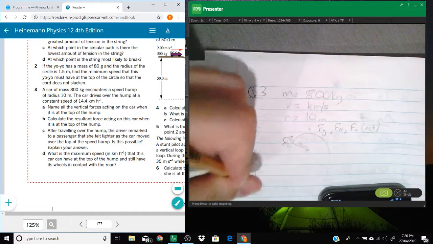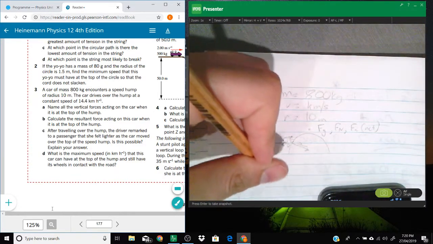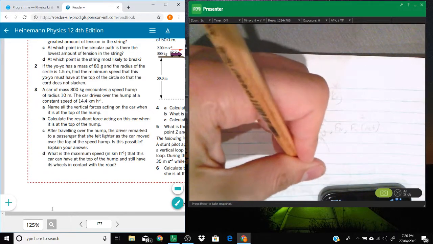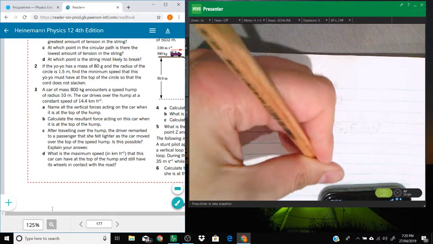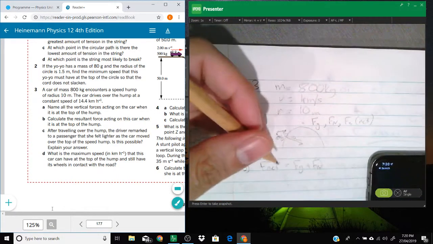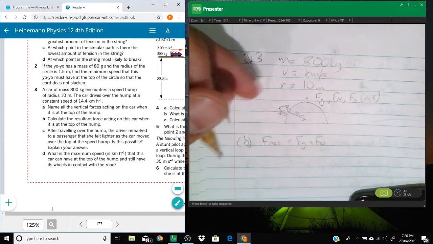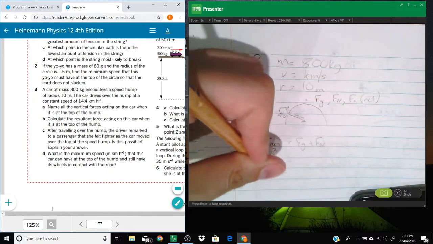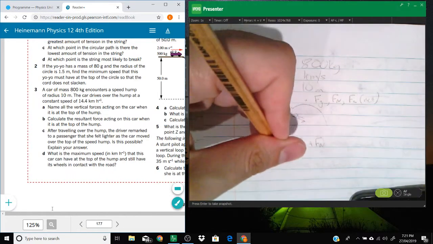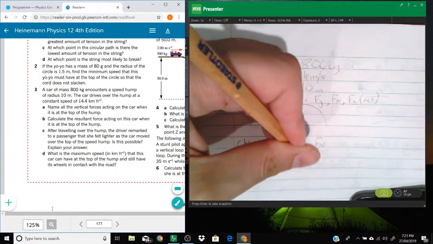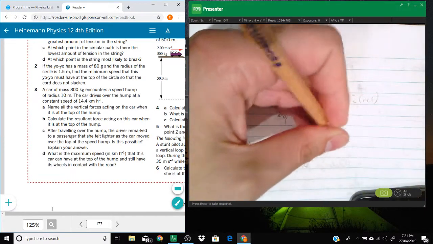Okay, so let's go and do that. F net equals Fg plus Fn. So we can work these out separately, but for the sake of it, because you've seen a few examples, let's just do it. mv squared on r, so the net force is centripetal because that's what's happening, equals mg plus Fn.